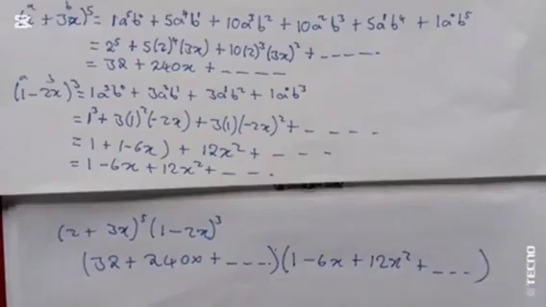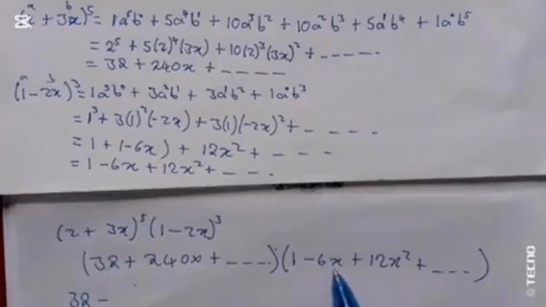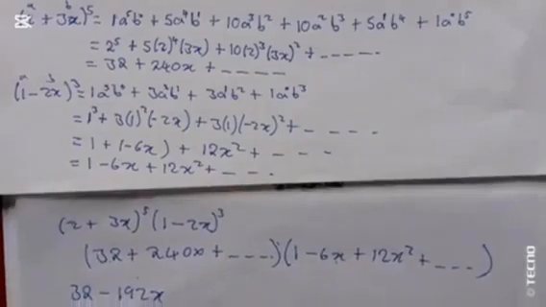The reason why I've written like this, the guidance here is on the coefficient. The coefficient they want is just for x with a highest power of 1. So what we do here, we just multiply 32 times this one. It will give us 32, minus 32 times negative 6x, it will give us 192x. Hope you are following.